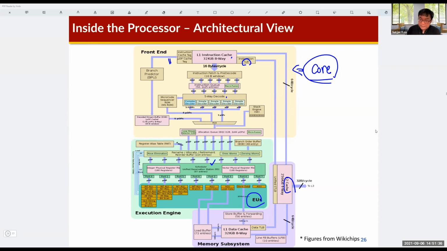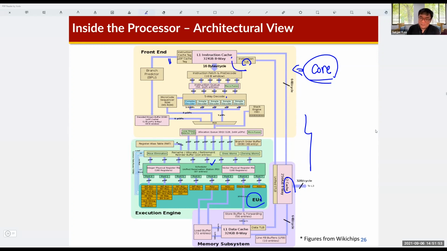So if we see this figure, and if you study computer architecture, then you can understand, oh, this component is a cache.